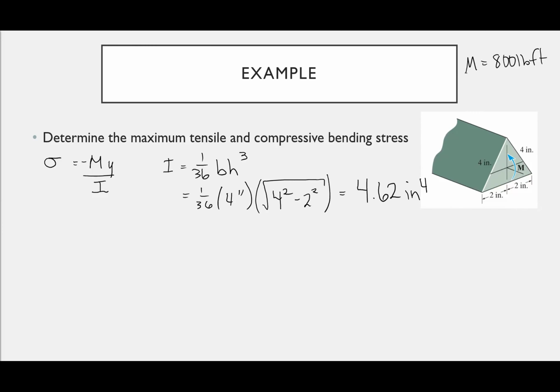All right. So now which side is going to be tension? The top or the bottom? Bottom is tension, top is compression. Good. So if we're going to do our maximum tensile stress, we want to use Y going this direction.